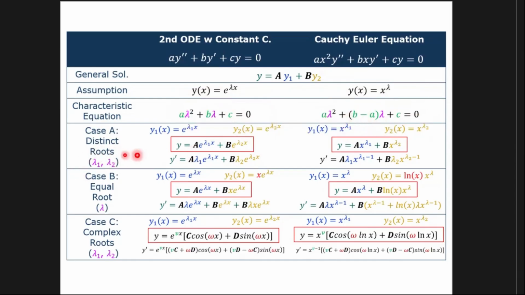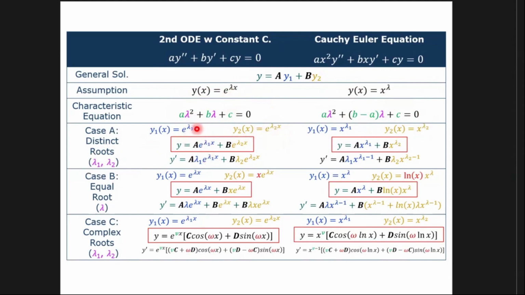For case A, where the roots are distinct, where we have lambda 1 and lambda 2, the y1 and y2 are straightforward, where the lambda here we just change to lambda 1 and lambda 2.